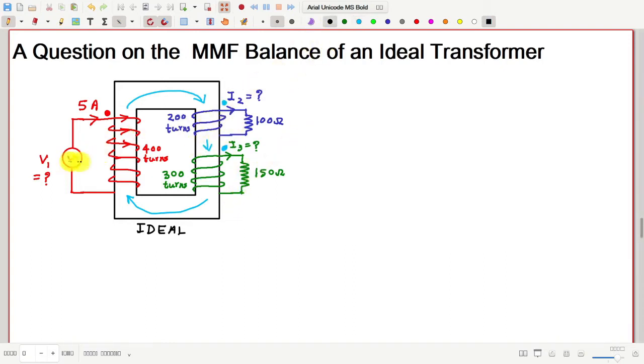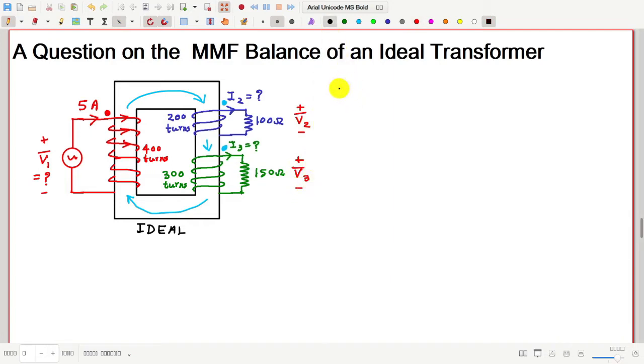Next, what will be the ratio of the 3 voltages across the 3 coils? Let me call this voltage V1, with reference polarity plus minus like this, and let the voltage across the second coil be V2, plus minus, and across the third coil V3, plus minus.